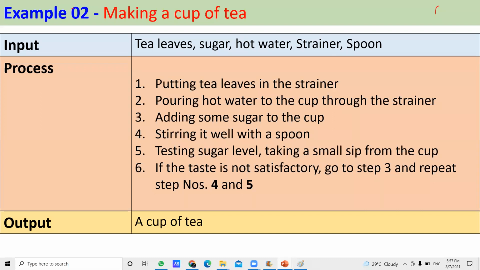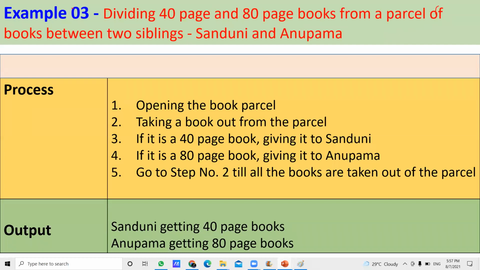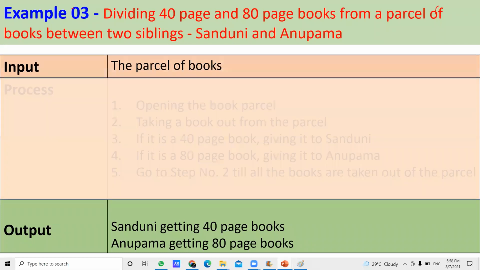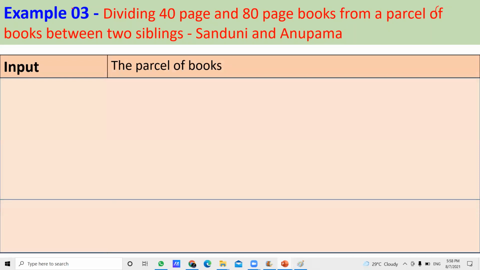Right, I think you have finished. Write down the steps here. That's example number 2. I think our time is passing now. Therefore, next example, number 3. As homework, try to do this one. Try to identify the inputs, process and output.